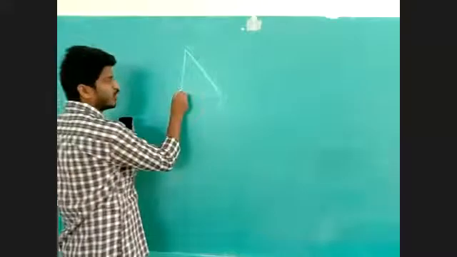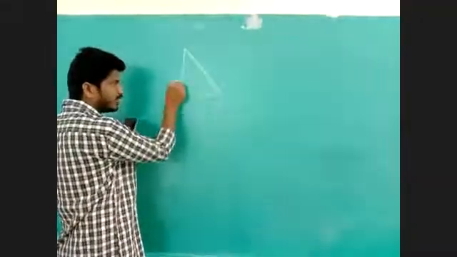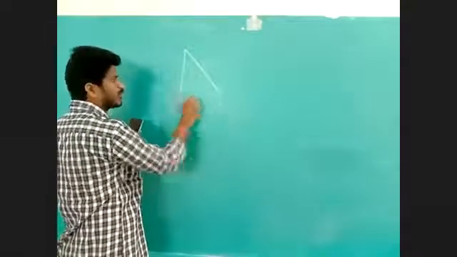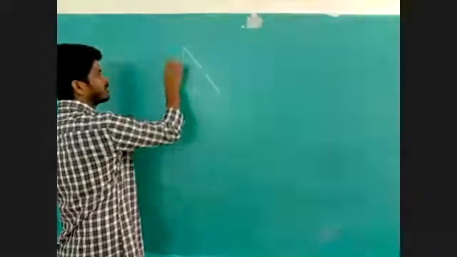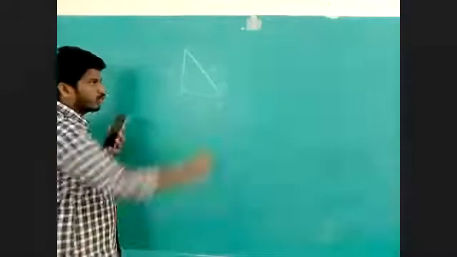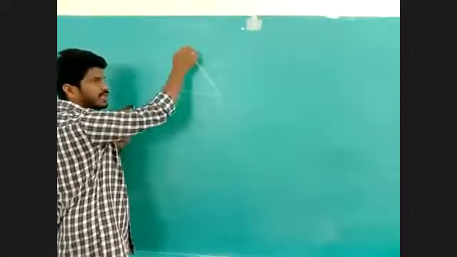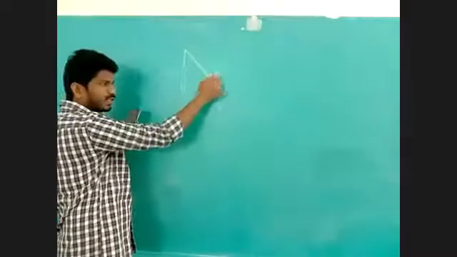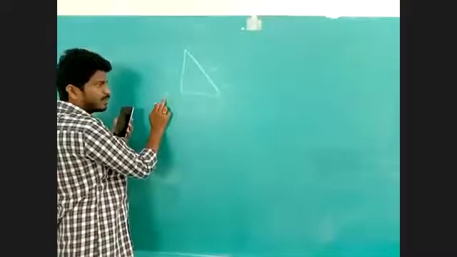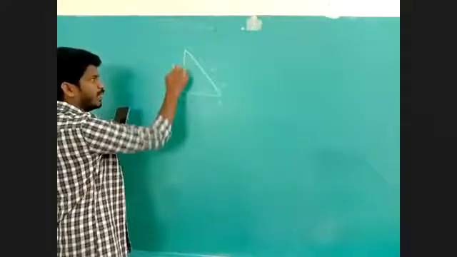These two are the other two sides, base and height. Hypotenuse is AC. The square of hypotenuse is equal to the sum of the squares of the other two sides, AB and BC.